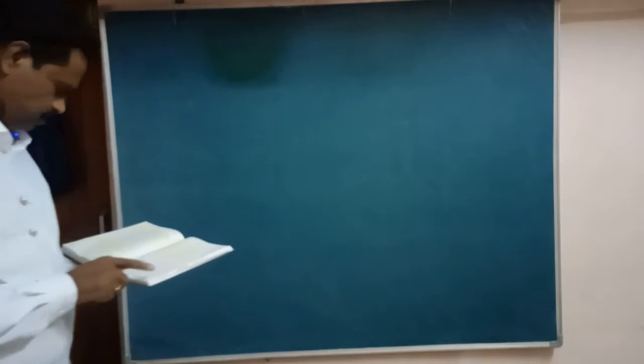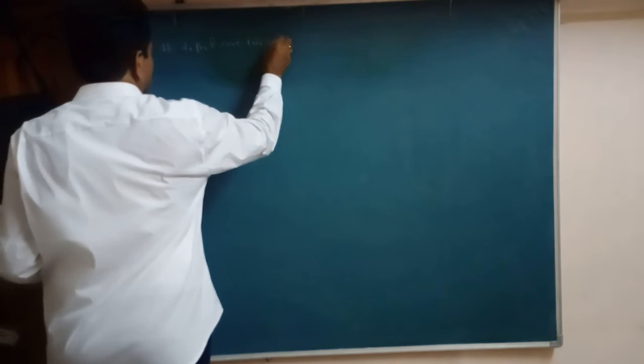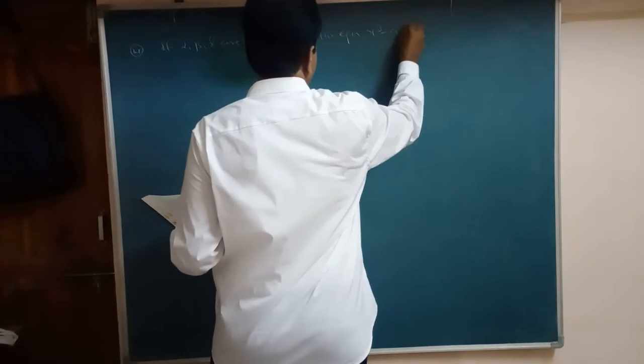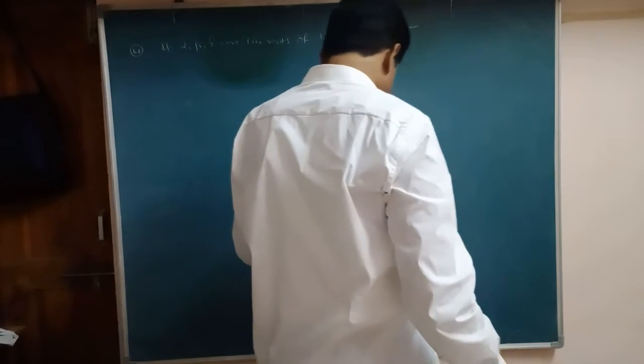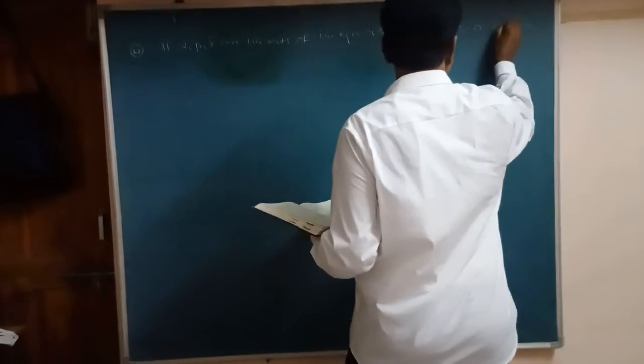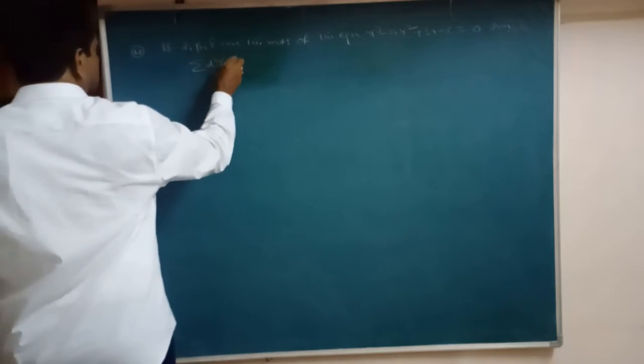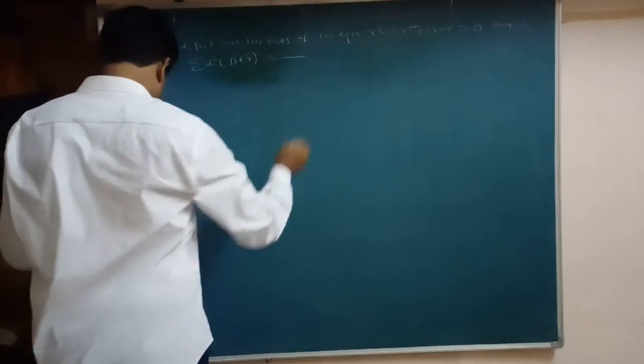Next. Fourth one. If alpha, beta, gamma are the roots of the equation x cube minus ax square plus bx minus a equal 0, then summation alpha square into beta plus gamma equals dash.